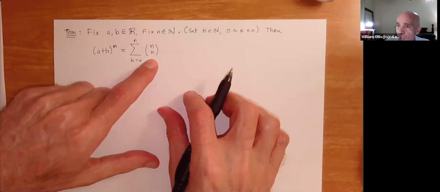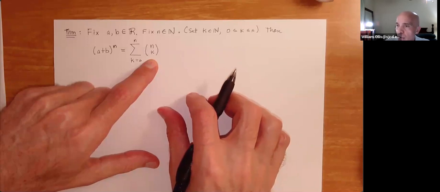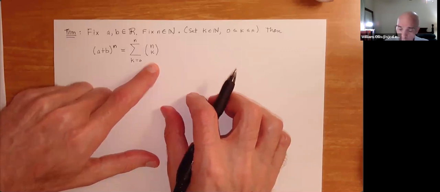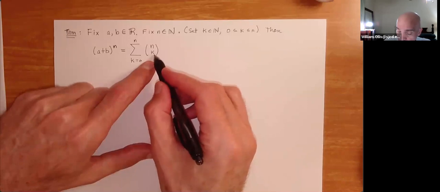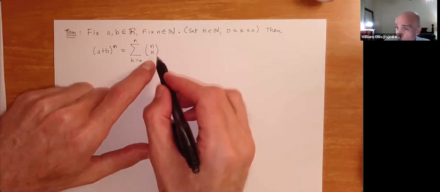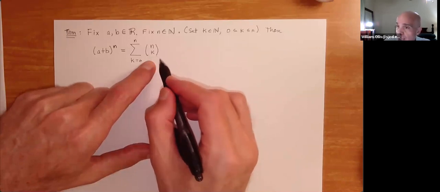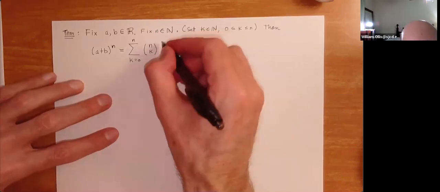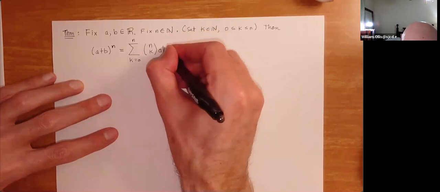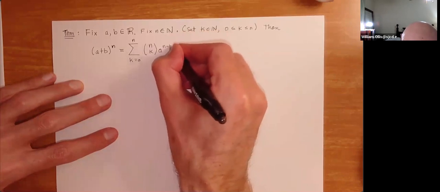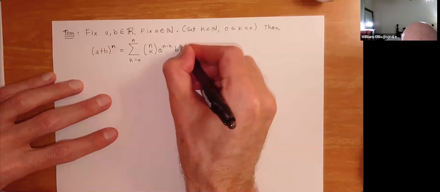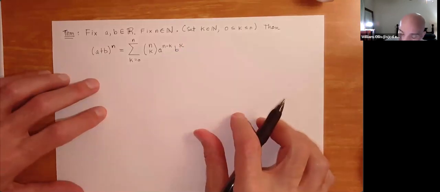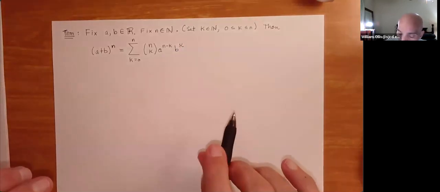It's like when we have the 1, 3, 3, 1, we have 3 copies of A squared times B, and we have 3 copies of A times B squared. So the binomial coefficient just counts the number of terms in each expression in the expansion, which we've been doing all along. And what do the terms look like? Well, here's one way of writing it: A to the N minus K, B to the K. Okay, so this is what we've seen before.